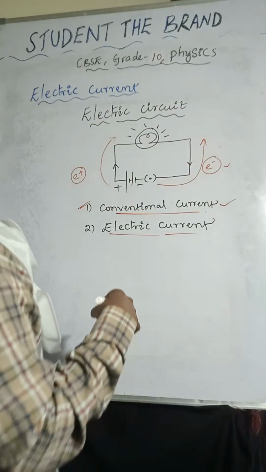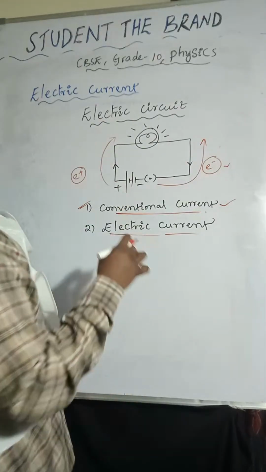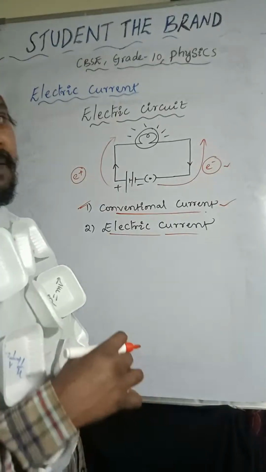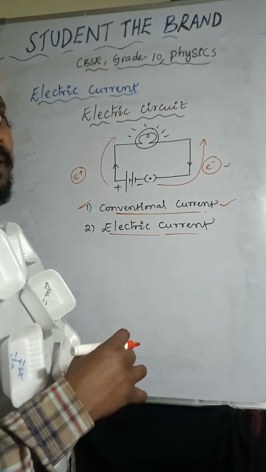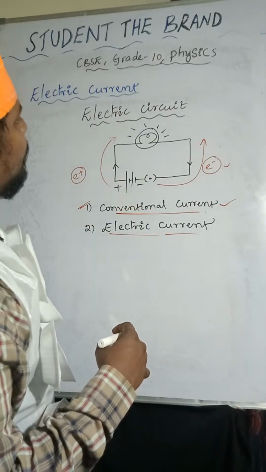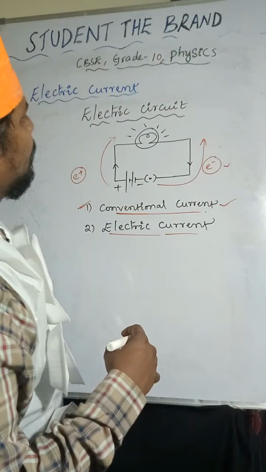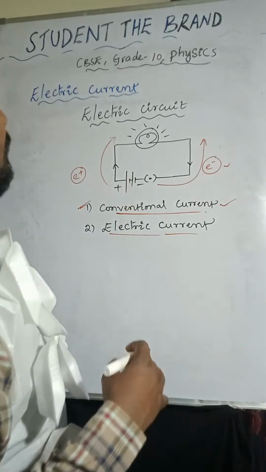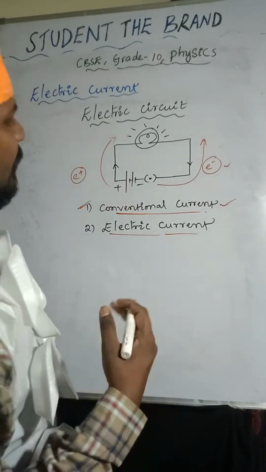Now, the electric circuit definition. The flow of current moves in a closed path.